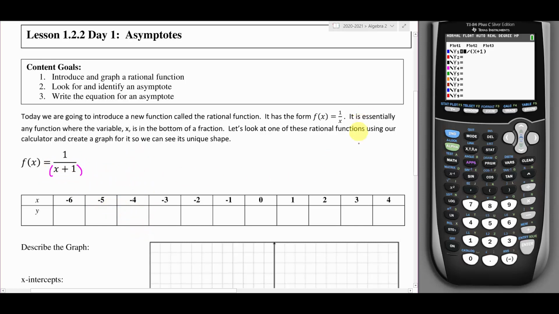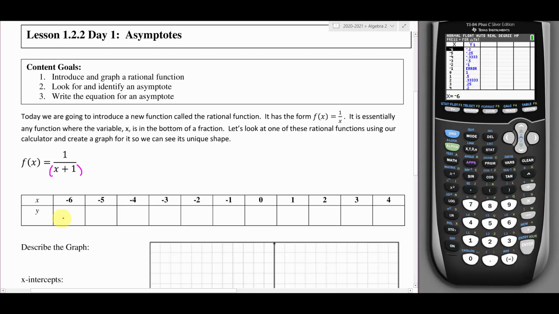All right, so here we go. First thing I'm going to do is go to my table before I even look at the graph. Notice that we want our table to go from -6 to +4. I've already scrolled up and got my calculator to show me all of the values going from -6 to +4, and I'm going to grab these y values from my table.